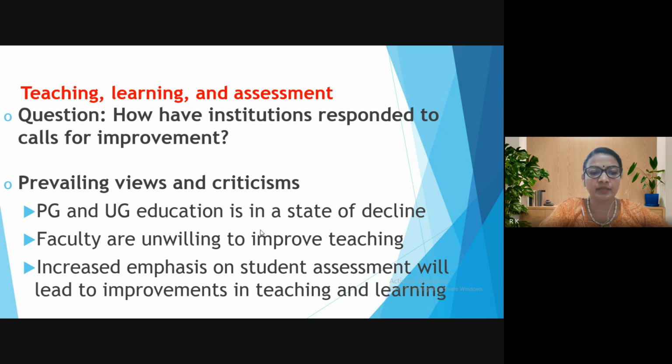And the second myth, which is widely spoken, is that faculty are unwilling to improve the teaching, which is also not so true, because everybody needs some space, the time to learn, which is very essential. So that is another aspect.